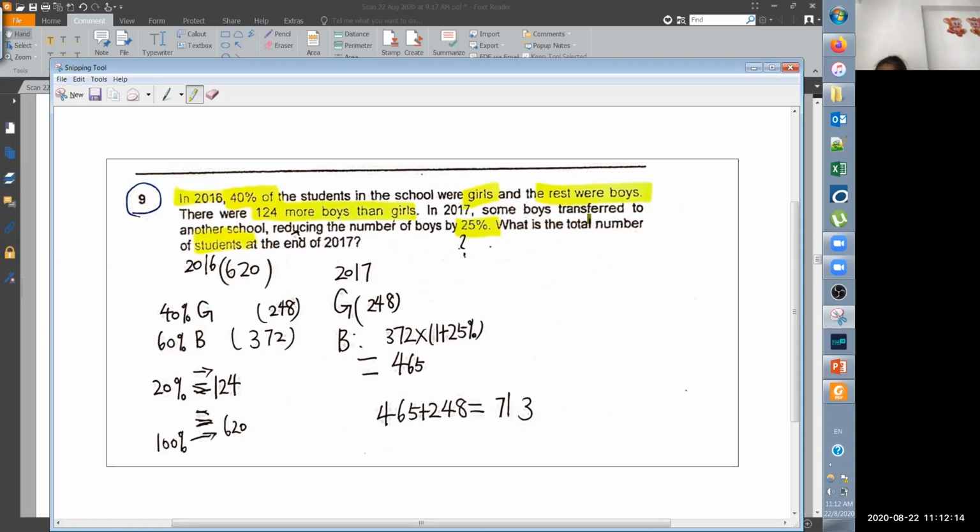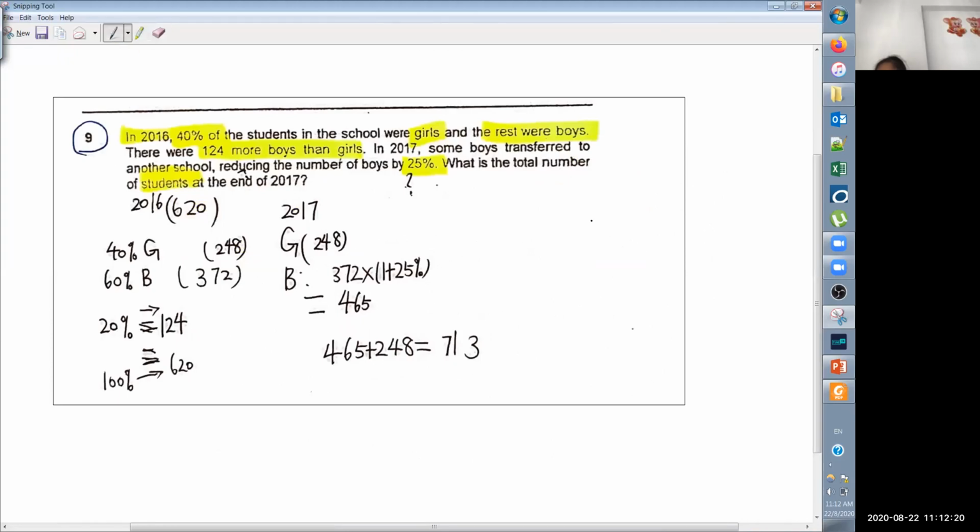Okay, so when it comes to percentage, especially by reduced by 这种, what you need to do is remember the formula. Okay, let's start. So this is 2016. 40% of students in the school were girls. So you have boy and girl. 40% girls, and of course 60% boys.